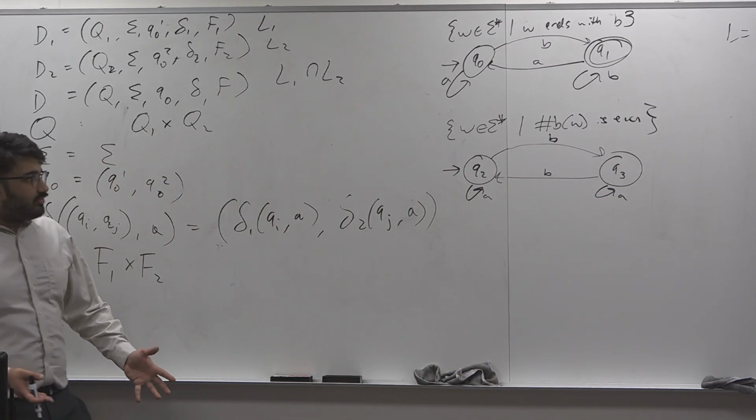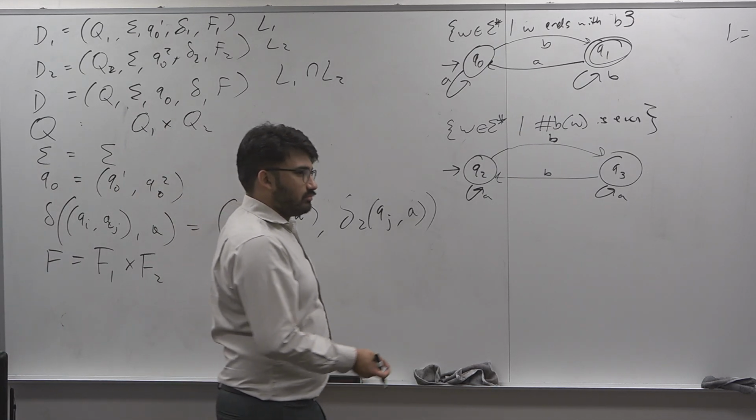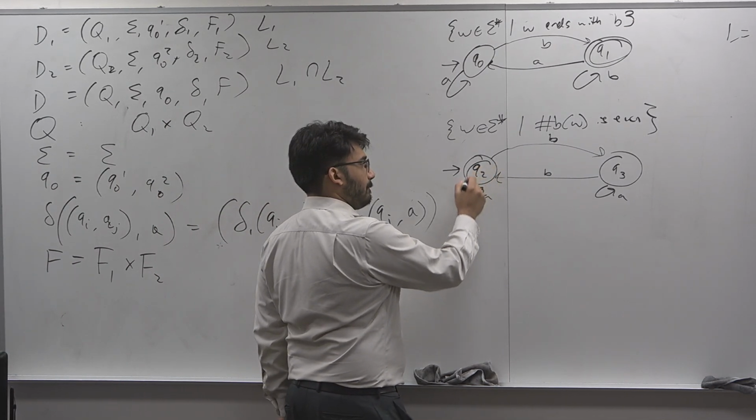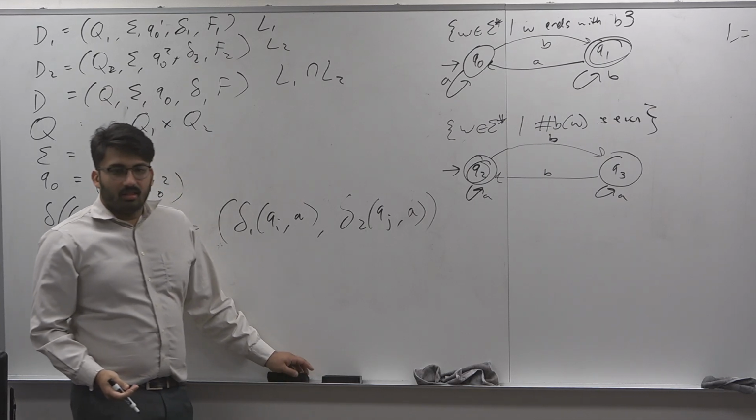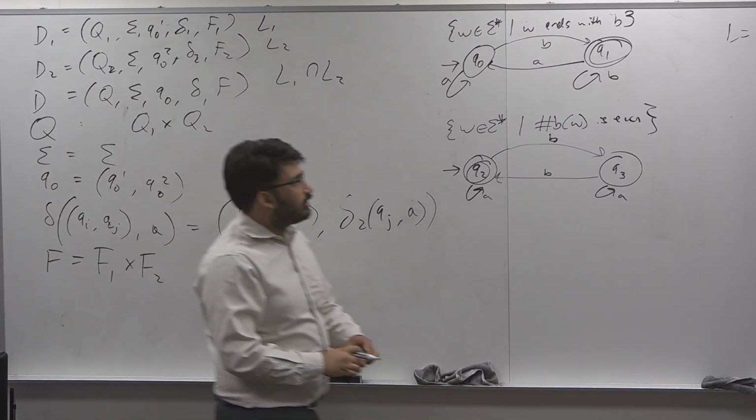So we have these two DFAs. Which one's the accepting state? Q2. Yeah. Okay. Let's take their Cartesian product and make one bigger DFA.